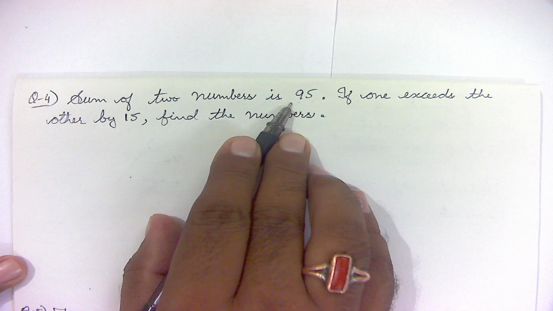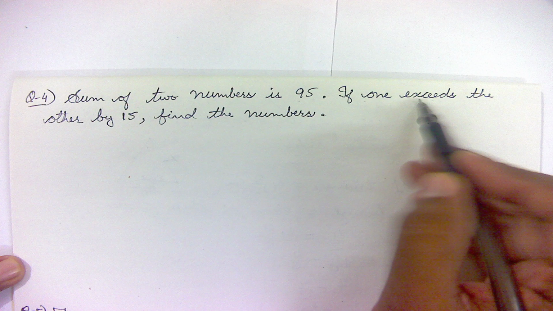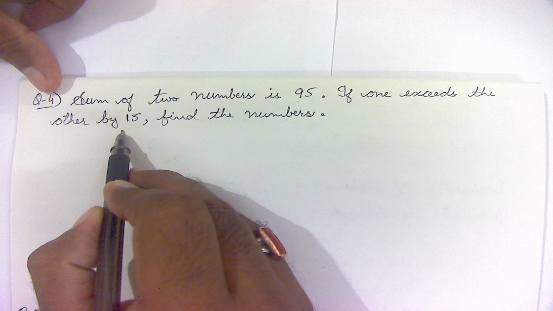Also it's given that one exceeds the other by 15. Out of the two numbers, one of the numbers exceeds, means it is ahead of it, means more than that. So one number is more than the other by 15. Then you have to find the numbers.